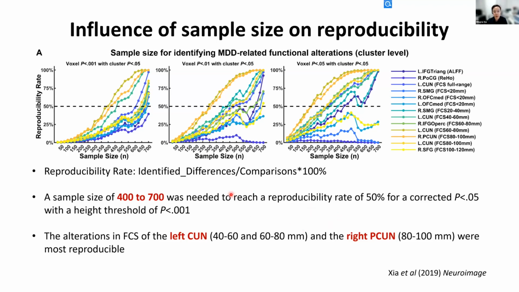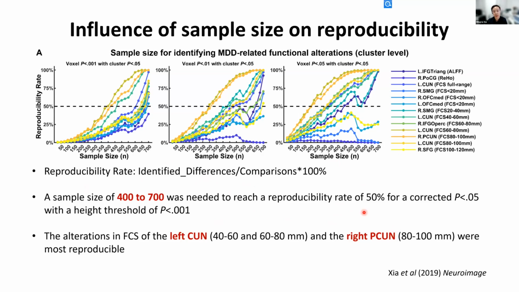The sample size ranged from 25 to 700, and this procedure was repeated 10,000 times for each sample size. Then we can estimate the reproducibility as the percentage of times of identifying the same brain alterations.